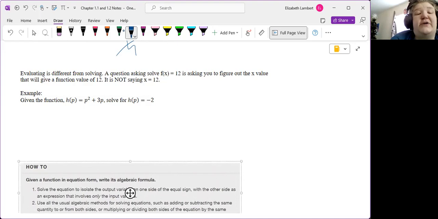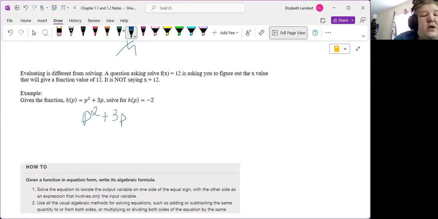All right, so this one here is telling us to solve h of p equals -2. So h of p here is p squared plus 3p, so I'm literally going to take p squared plus 3p, and then instead of h of p here, I'm going to put the -2. And now I have an equation all in terms of p. It is a quadratic, so we're going to have to remember how to solve quadratic equations.